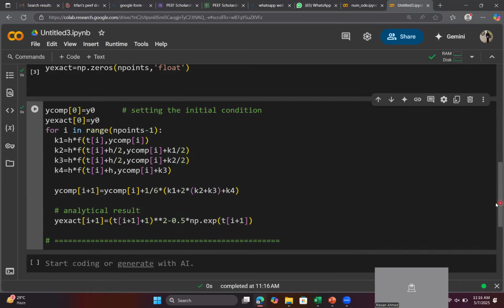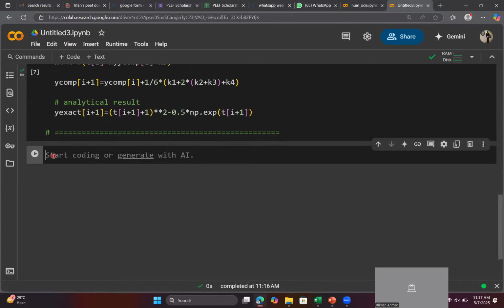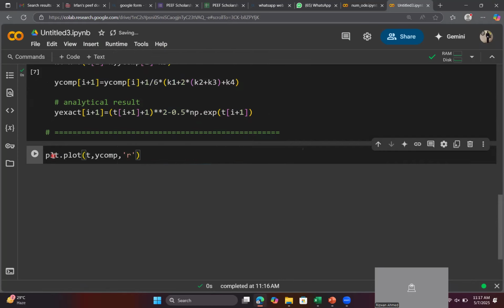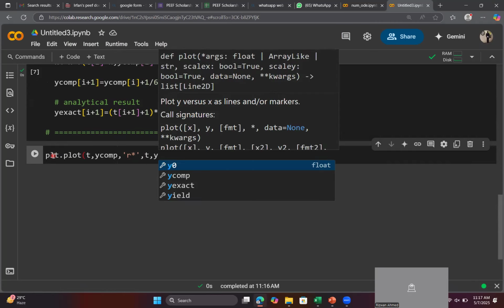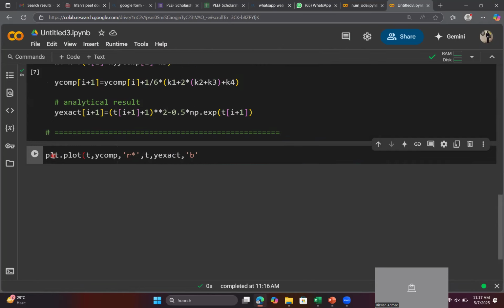So now it's time to see the results graphically first. So I use the PLT plot function with the time vector. I plot the y computation with the red stars. Okay. And I plot t with the y exact, with the blue line, right?